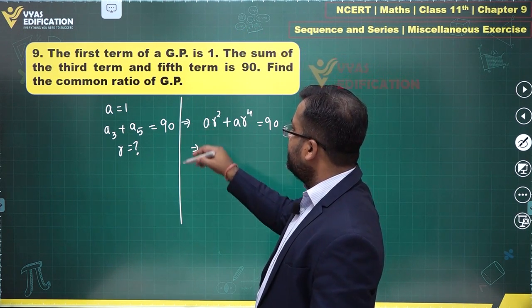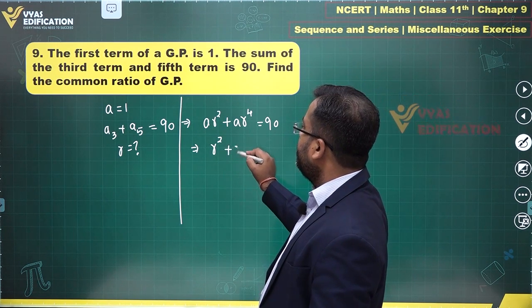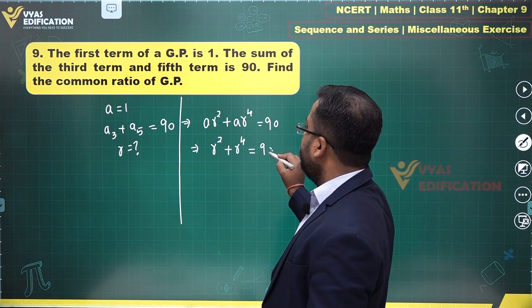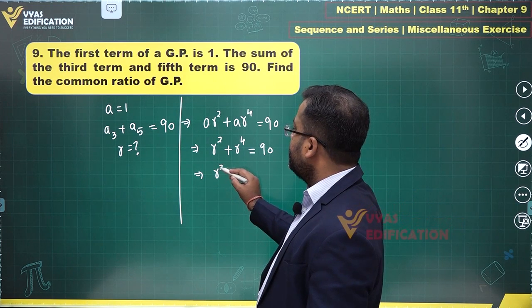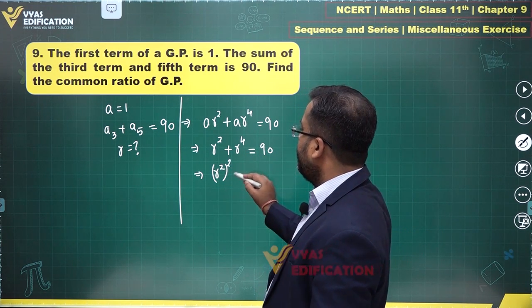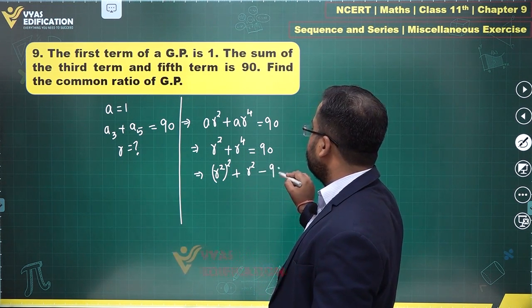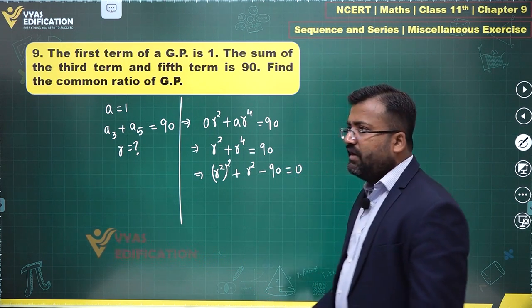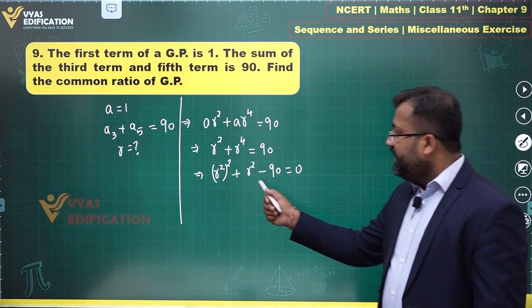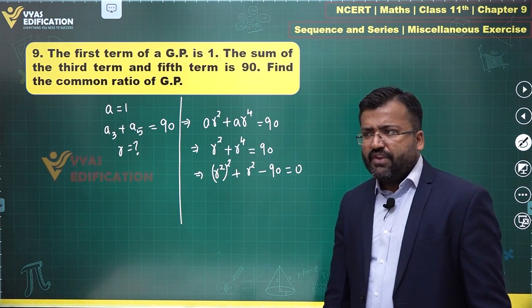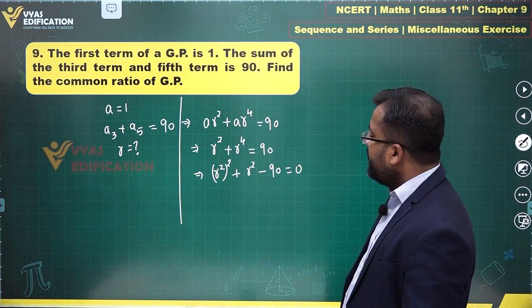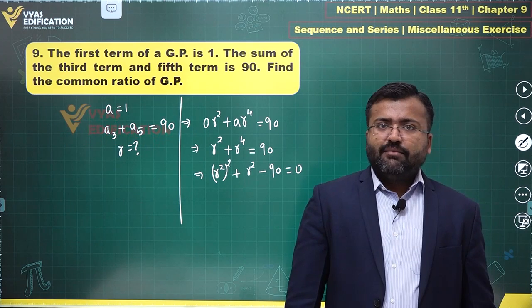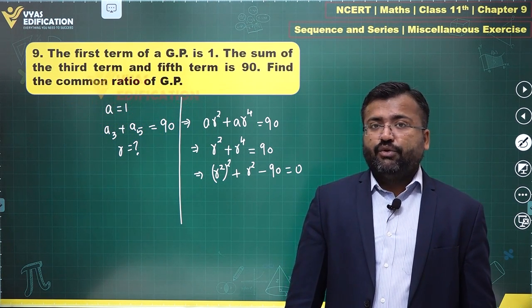What does that tell me? A is 1. So this is R square plus R power 4 is equal to 90. Or you can write this R power 4 plus R square minus 90 is equal to 0. And I can factorize this. 90 can be written as 10 into 9.